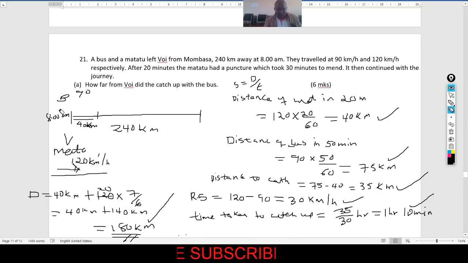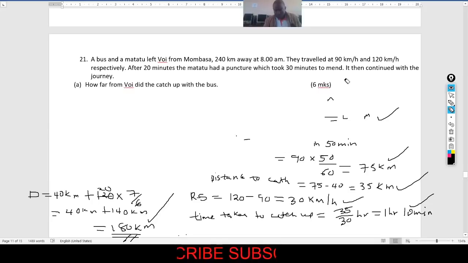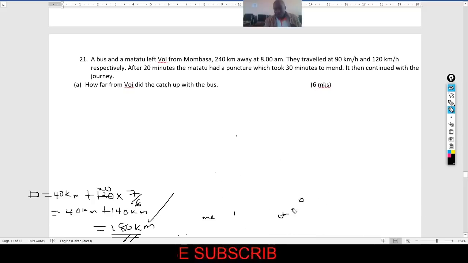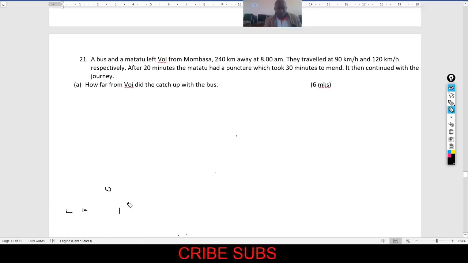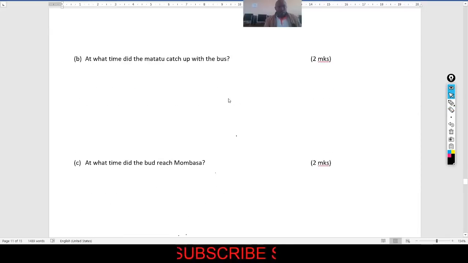Then the next question is, yes, we shall use what we have found, so you need to remember them. The next question we are asked to find: at what time did the matatu catch up with the bus?